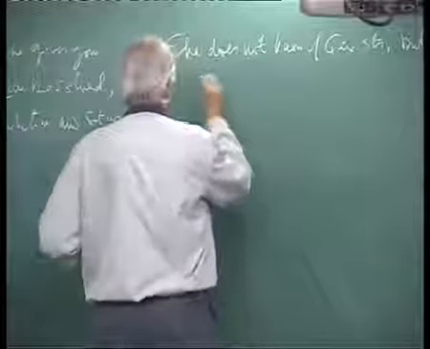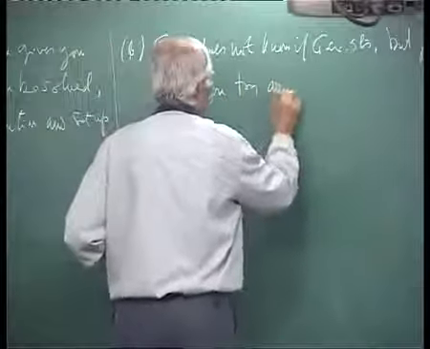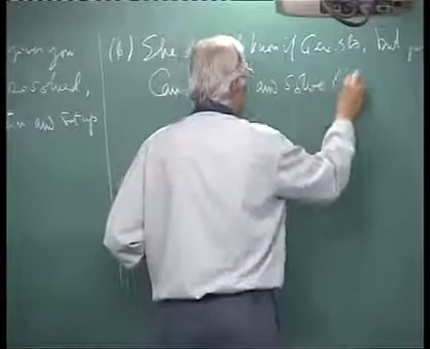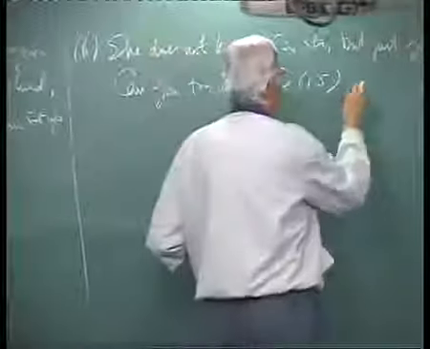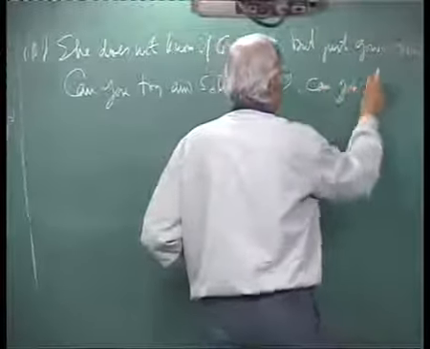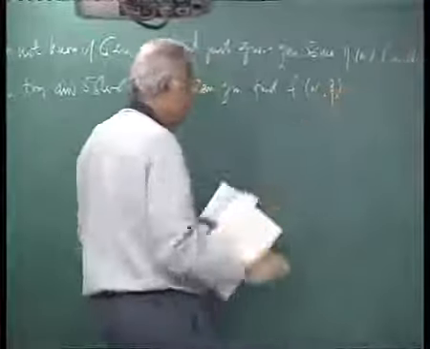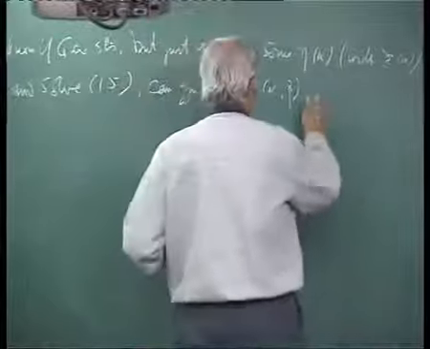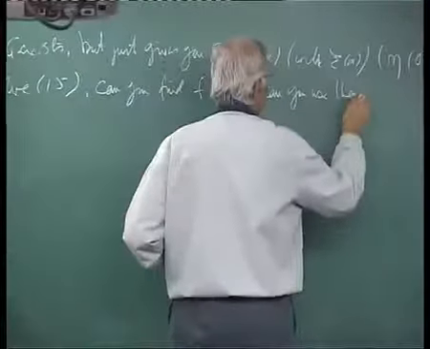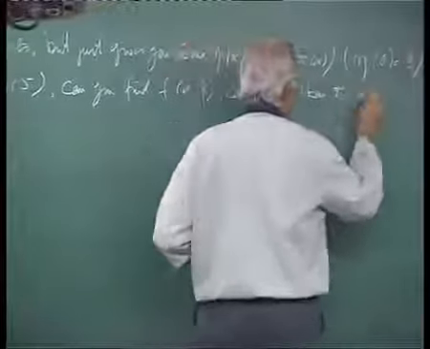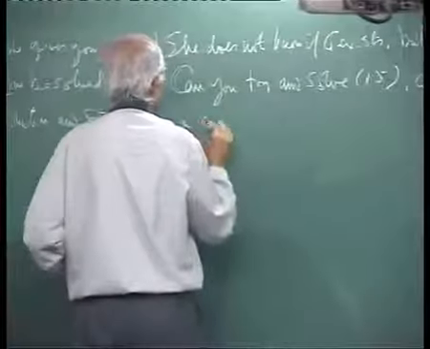So you ask the question, can you try and solve the partial differential equations 15? Can you find functions f alpha, beta which obey those equations? Can you use them to define a composition law?